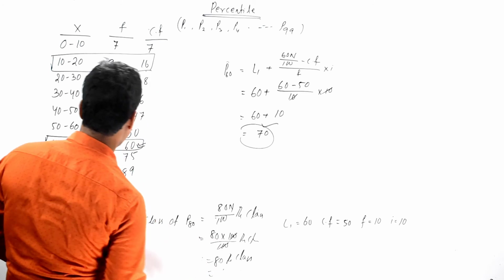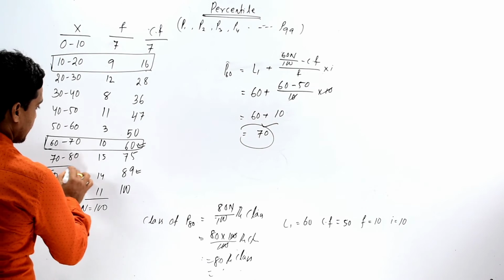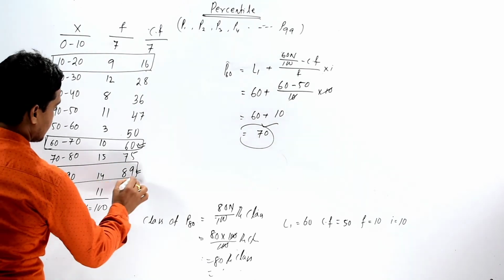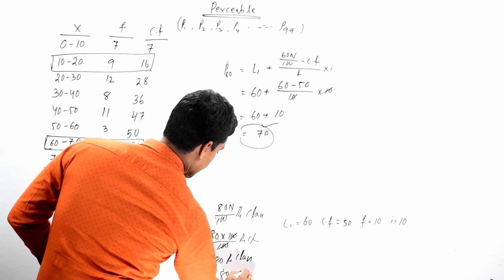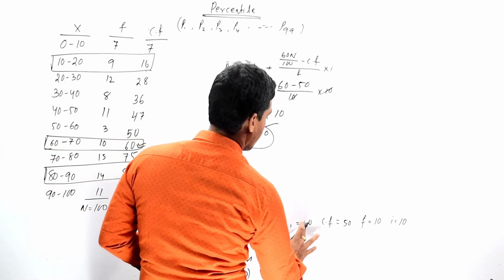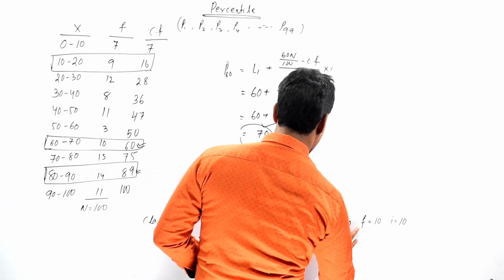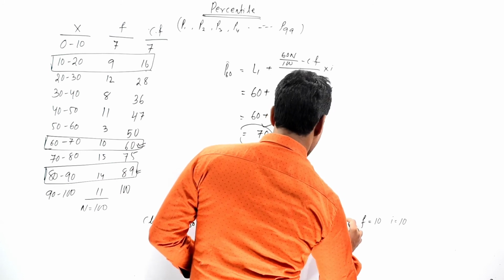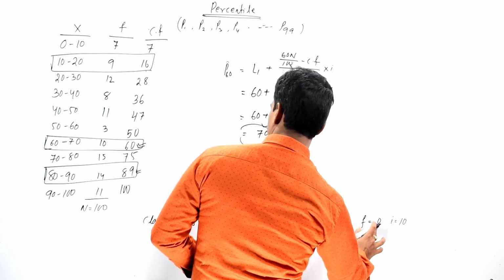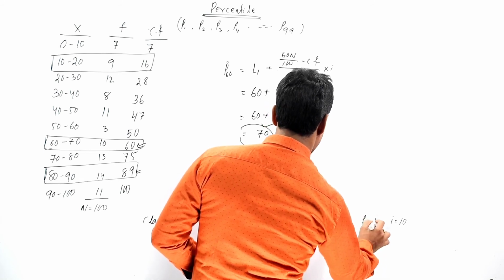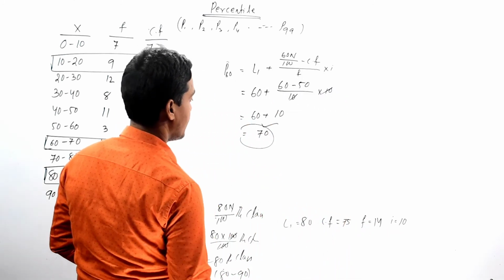As our 80 comes within 89, our P80 class is 80 to 90. Here L1 is 80, CF, preceding the percentile class, is 75, the frequency of the percentile class is 14, and I is 10.